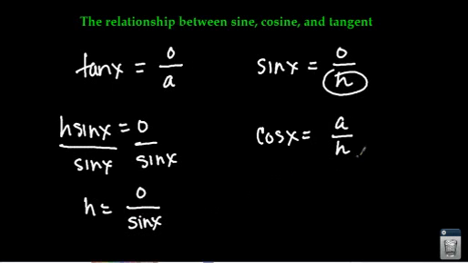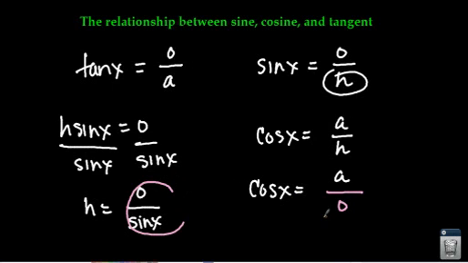Well, cosine has an h in it because it also is being divided by the hypotenuse. So I'm going to say the cosine of x equals a over h, and everywhere I see h, I'm going to put in what h equals, which is the opposite divided by the sine of x. Good so far?